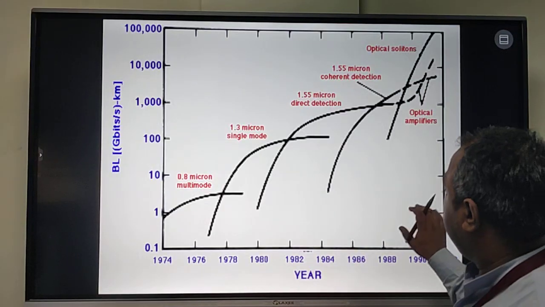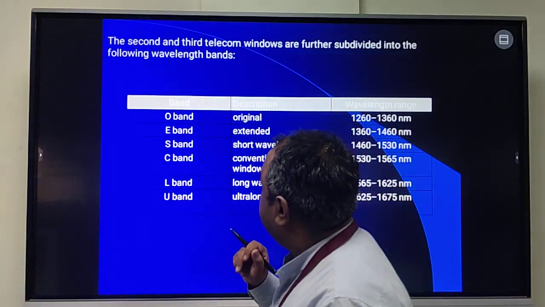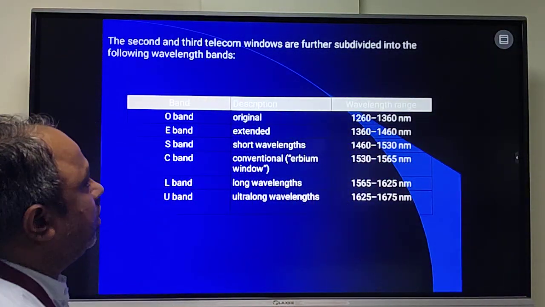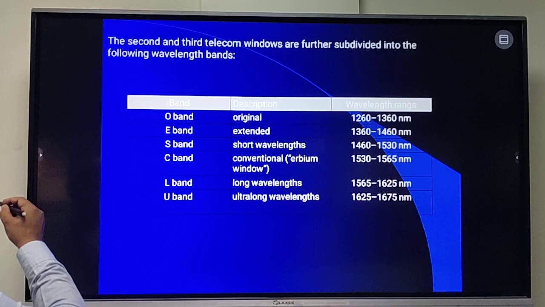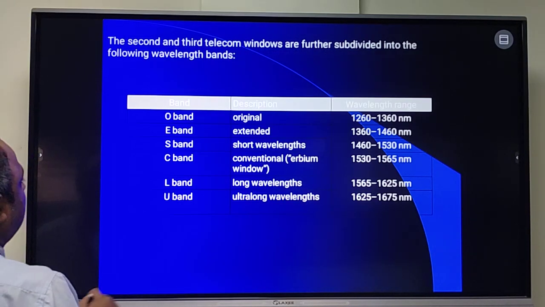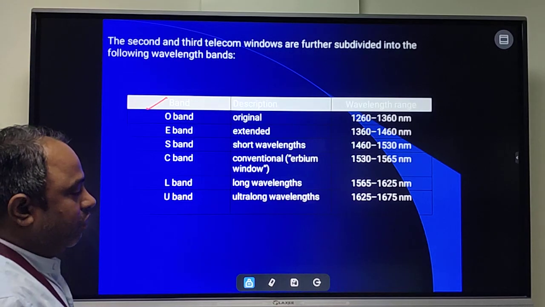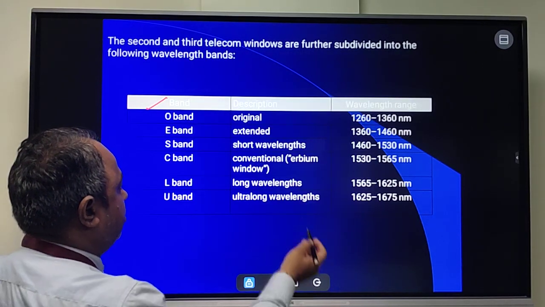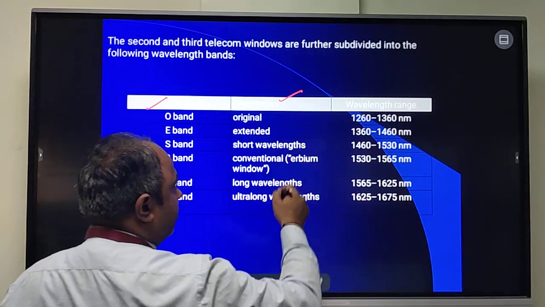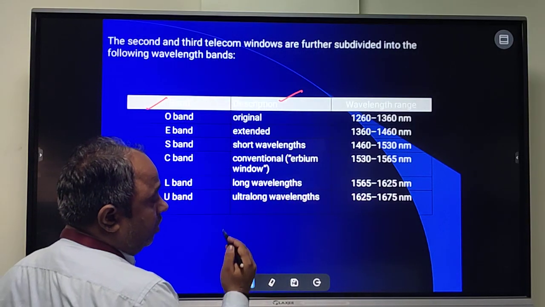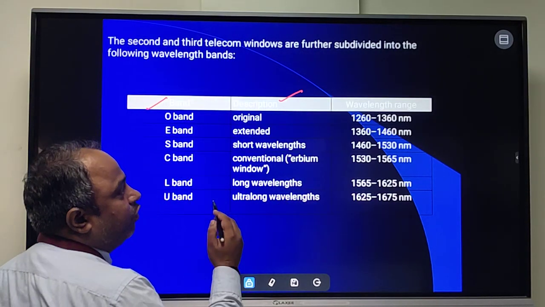Now we are talking about how the second and third telecommunication windows are further subdivided into the following wavelength bands, which are used nowadays. Which band can be used as a signal for transmission? There is a description of which signal is to be enhanced and how it is to be sent.